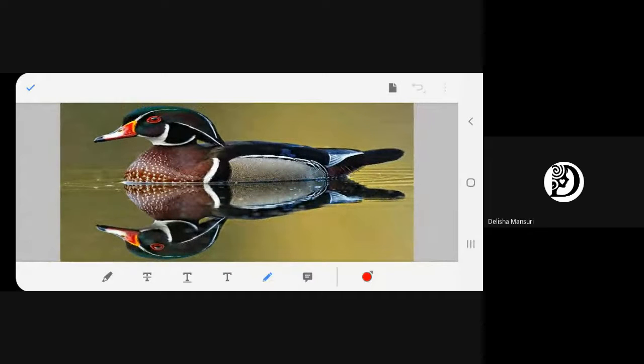Look at this, you can see the line that I'm putting. So this is the object and this is the image. It's a beautiful duck floating on the water, swimming on the water. This is how you can see the reflection.